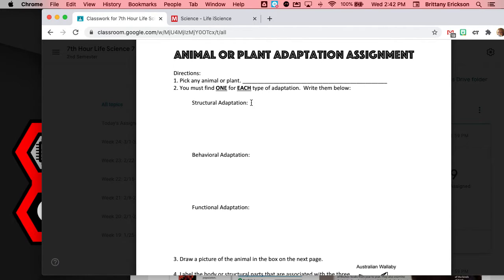Can I do a cheetah? Yes. An alligator? Sure. Can I do a wolf? Sure. Can I look up some? If you want. Could my pet be one? It's domesticated, so you may have a hard time finding some of these.